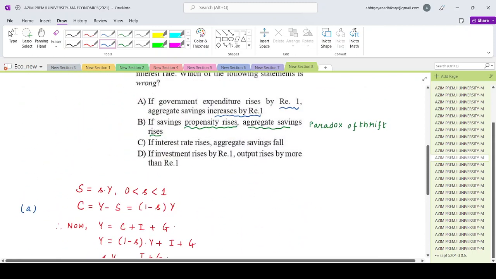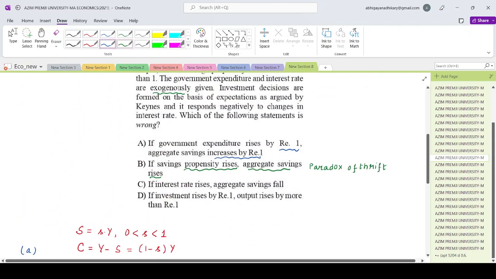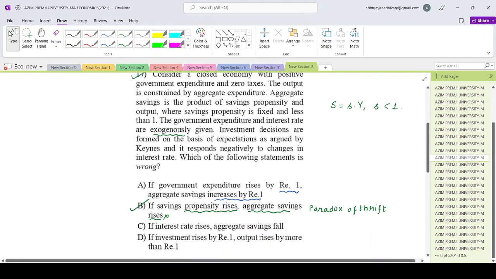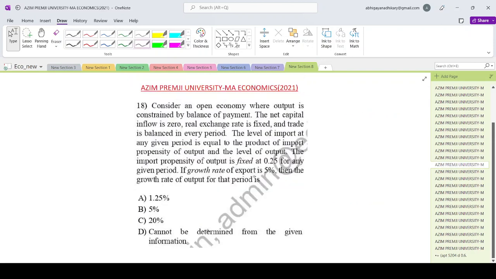So if you go back to the options, option B says that if savings propensity rises, aggregate savings also rises, which is wrong. It should fall. So the correct option is option B. This is the wrong statement among the set of options. So your final answer is option number B.